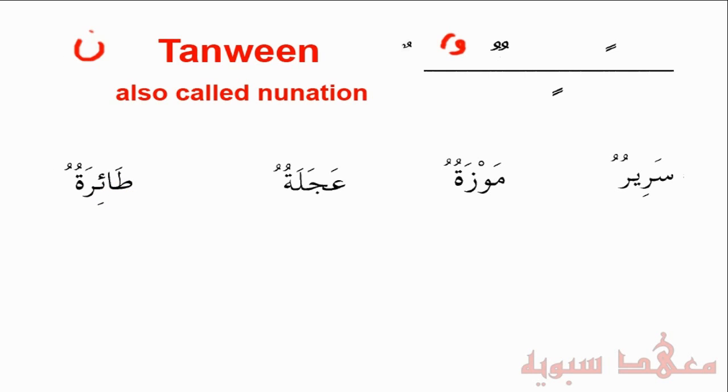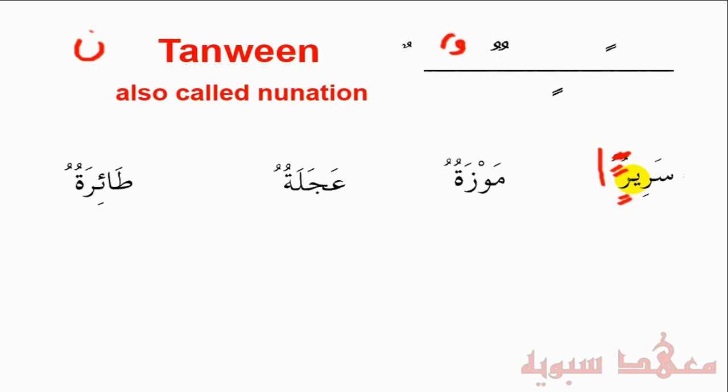And we can also put the two fathas and the two kasras also. So for example here, sarir could be, let's take this off, it could be sariran or saririn. Now one thing to note, with the two fathas, in most words, you'd put an extra alif.